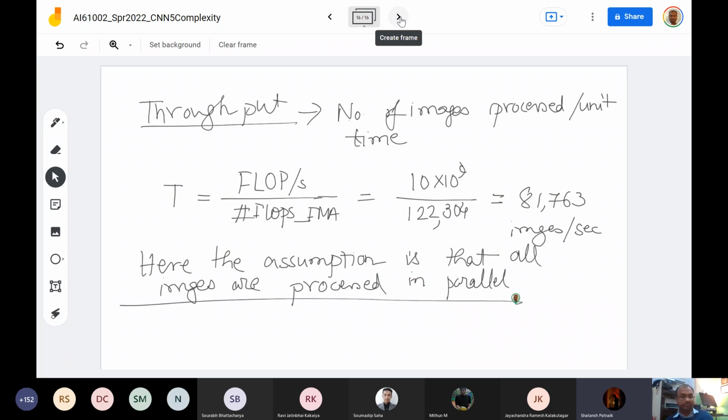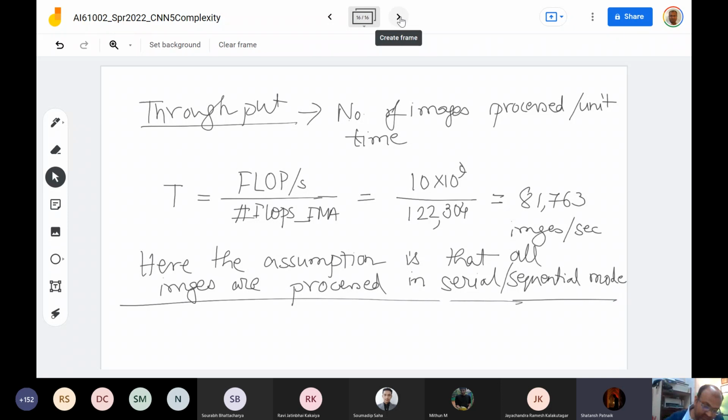But in most modern computer systems, that will not be the case. All images are not processed in parallel; they are processed in serial, or sequential, mode. You will not have parallel processing going on.